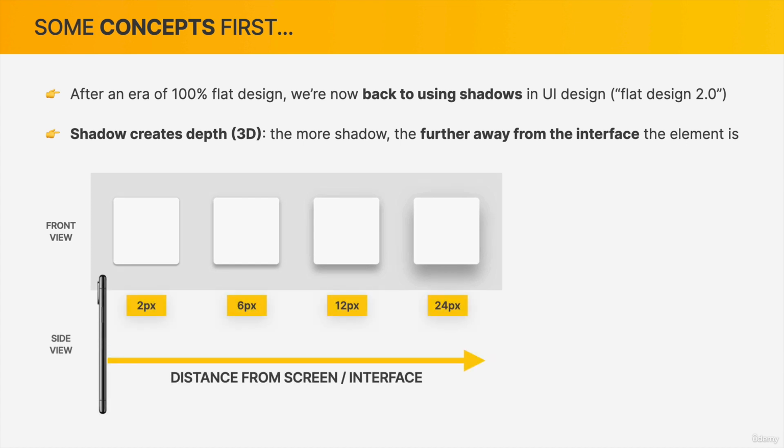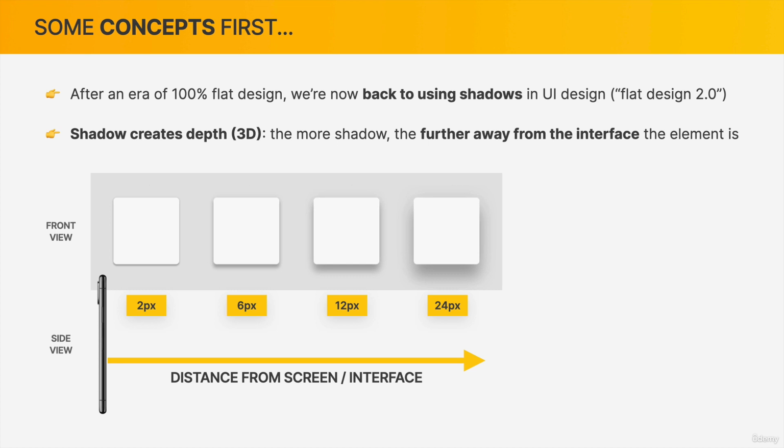So the shadow on the left is very subtle because it's set to be only 2 pixels away from the interface. And keep in mind that shadows are created in the real world by some light shining at an object, and therefore creating a shadow behind it, right? So in user interfaces, shadows also simulate the existence of some imaginary light sources.